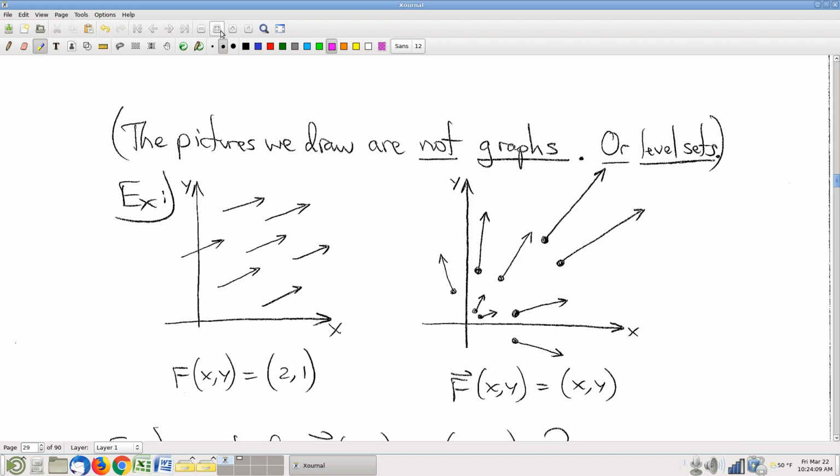And let me just remind you while we're here, the picture that we draw here, it's not a graph. And y'all remember I'm real big on this idea of keeping a careful eye on what is this picture and how is it constructed. Specifically, how is it constructed from a given function.